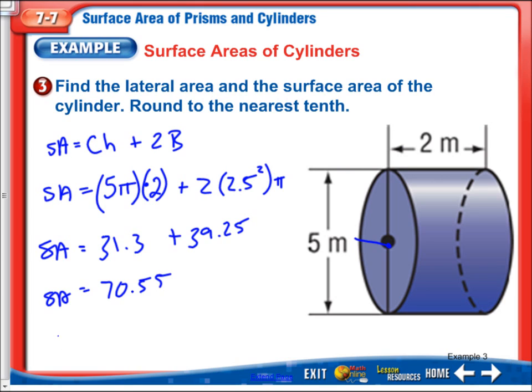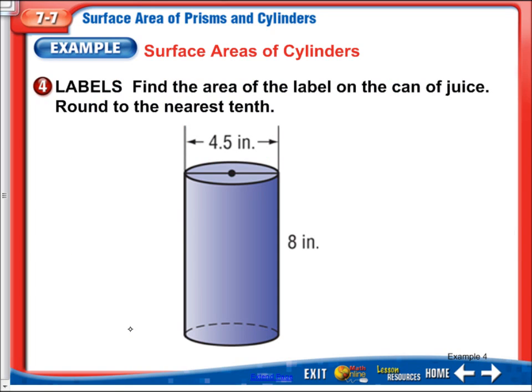And round to the nearest tenth would be 70.6 meters squared. Okay, so it's just a matter here of plugging in the numbers in the right spots, carefully doing your calculations, and then at the very end, rounding to the nearest tenth.